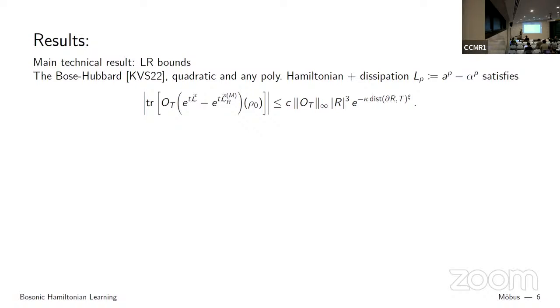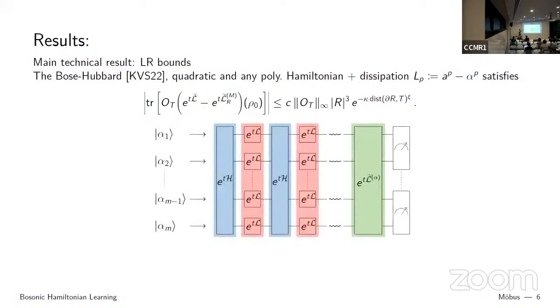But of course, for the cat code, the dissipation comes in by the construction of the code. If you just have a Hamiltonian lying around, you want to add this dissipation. For this, we provide a Trotter scheme here, where we intersperse this evolution in small time steps with the dissipation to enforce it. But in general, you just need the assumption for our Lieb-Robinson bounds, and then you are safe to learn the Hamiltonian.